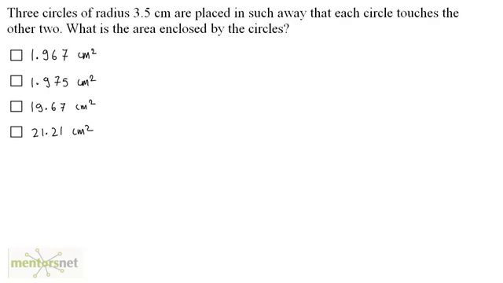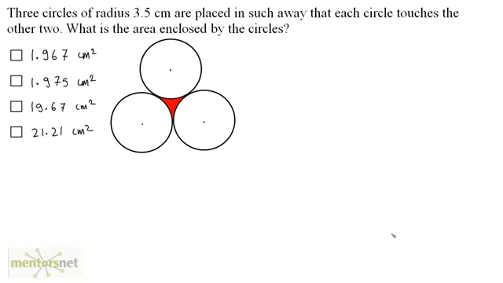Three circles of radius 3.5 cm are placed in such a way that each circle touches the other two. What is the area enclosed by the circles? Basically, you need this red area enclosed by all of these three circles. So how do you find that?